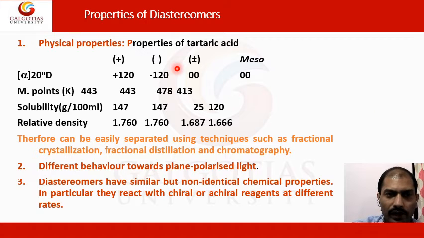But if you see the physical properties of diastereomers, enantiomers, as you already know, have different rotations of plane polarized light, as we discussed in those specific topics. Now the properties in the case of tartaric acid, which has diastereomers: the specific rotation and melting point for diastereomers are different, and in the case of meso they are also different.